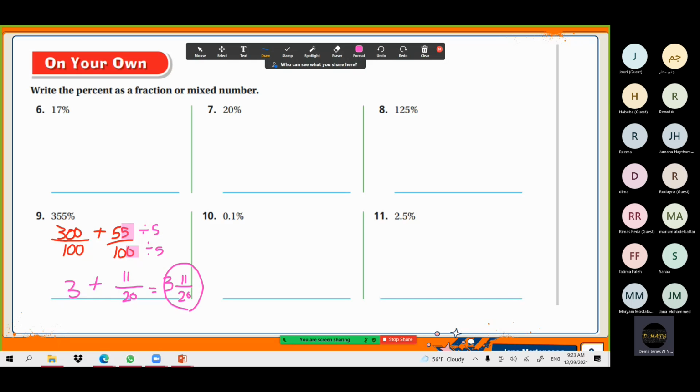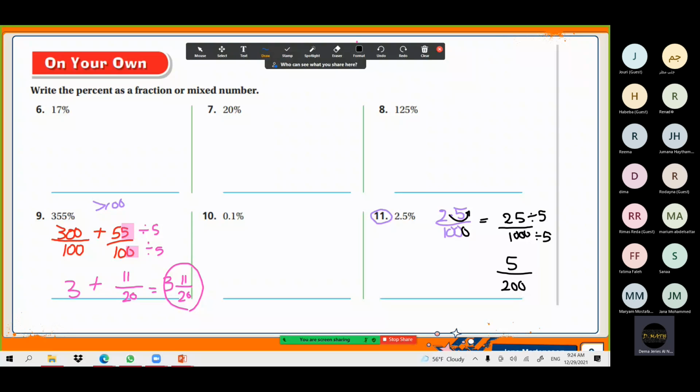This case is only if the number is greater than 100. If it is less than 100, you're just going to simplify. If it is like number 11, 2.5 per 100, as we said, we move the decimal point one digit to the right and add 0. So it will be 25 over 1000. Then since it starts with 5, I can divide by 5, divide by 5. 25 over 5 is 5. 1000 over 5 is 200.